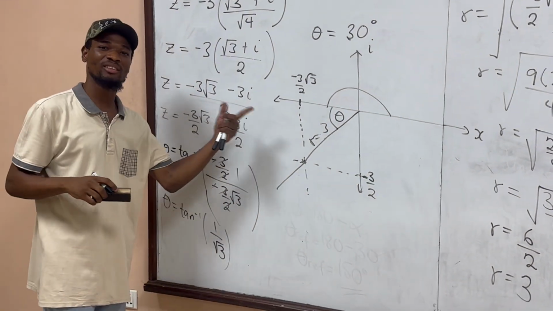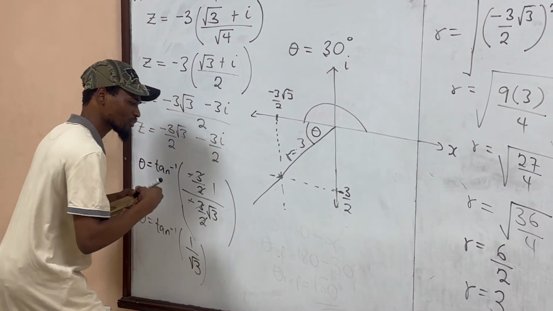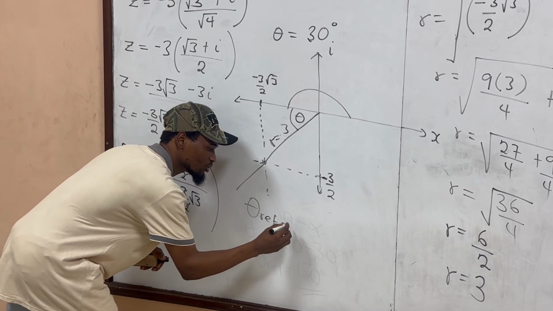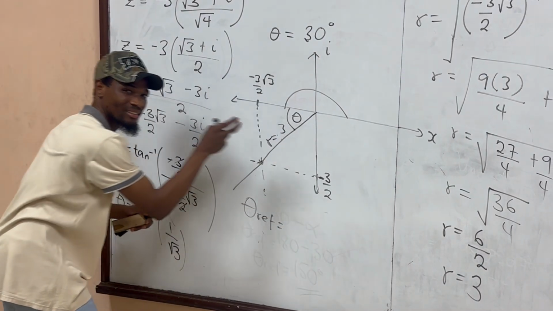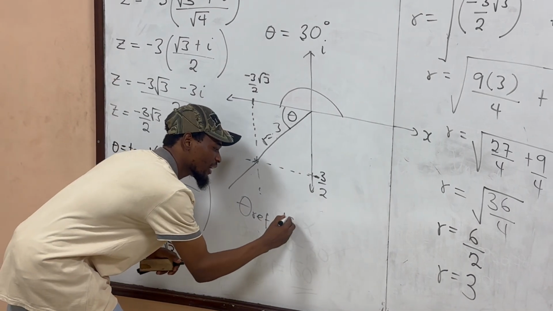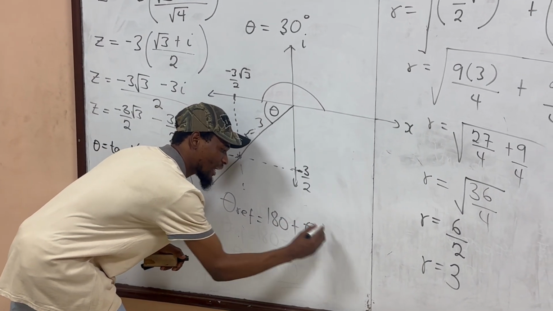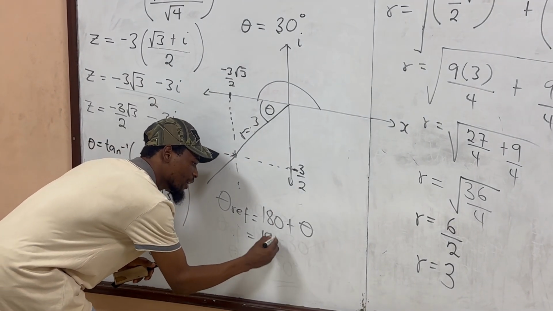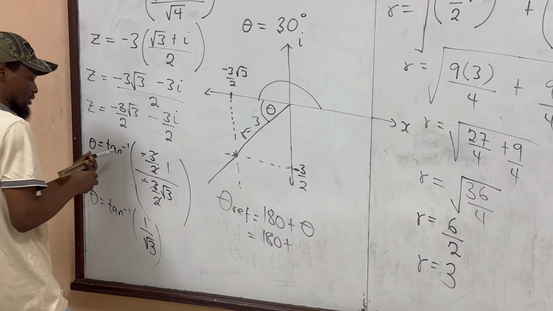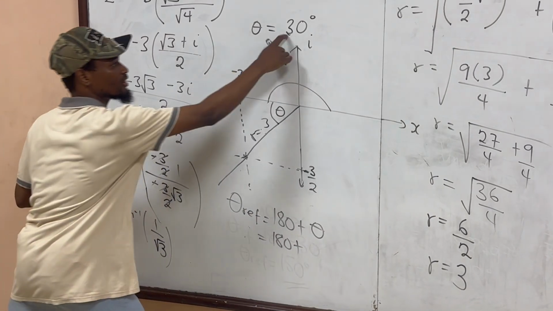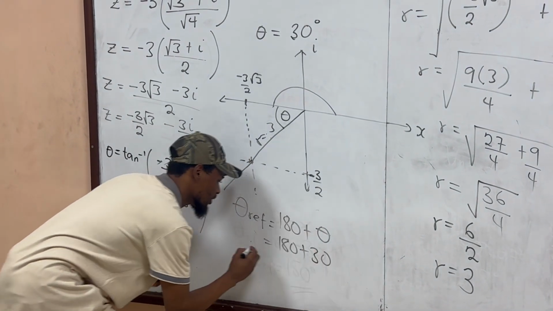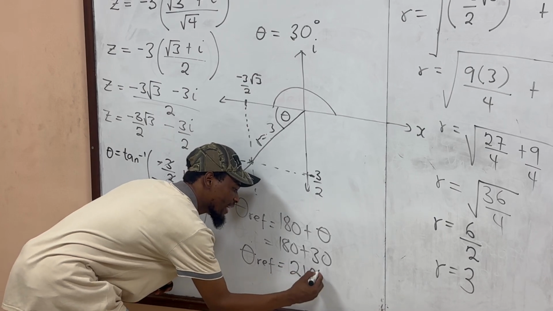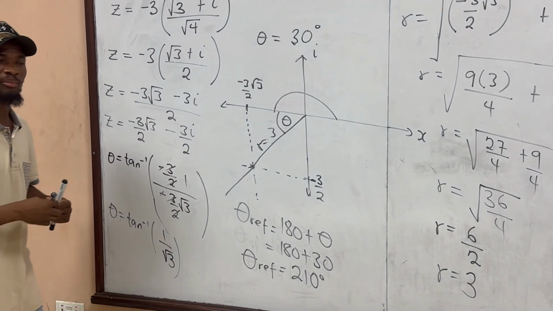Let's confirm using the Argand diagram. My argument, because we are working in the third quadrant, is given by 180 plus alpha, which is equal to 180 plus the angle I had here, 30. So therefore, my argument is equal to 210 degrees. As simple as that.